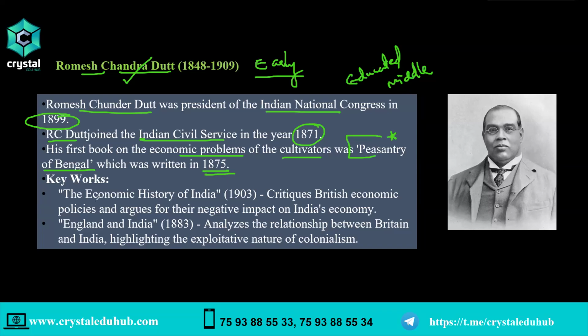Another work is The Economic History of India, in which he is a critic of British economic policies. He also gives the negative impacts of the drain of wealth theory. We know that the drain of wealth theory was started by Dadabhai Naoroji, but later added to by R.C. Dutt through his work, The Economic History of India. Then another work was England and India, analyzing the relationship between these two countries and especially focusing on the exploitative nature of colonialism. So focus on these three works: The Peasantry of Bengal, The Economic History of India, England and India.